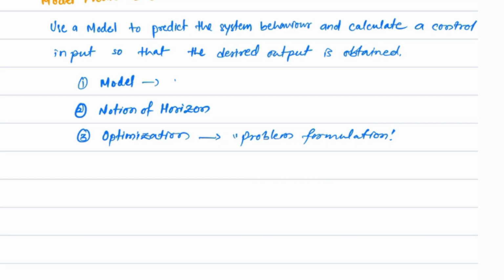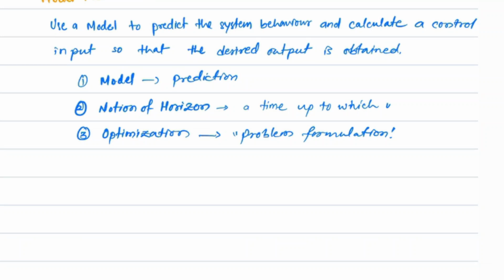We are using model for prediction, and the idea of horizon is something which tells us up to what limit or up to what time in future we are going to predict, a time up to which we want to predict or compute.